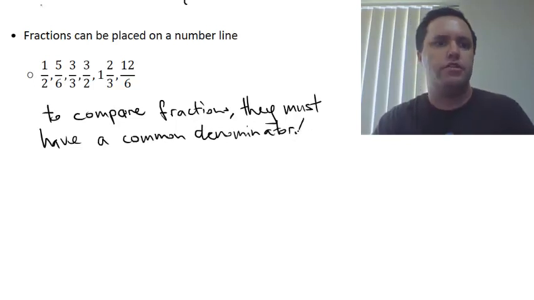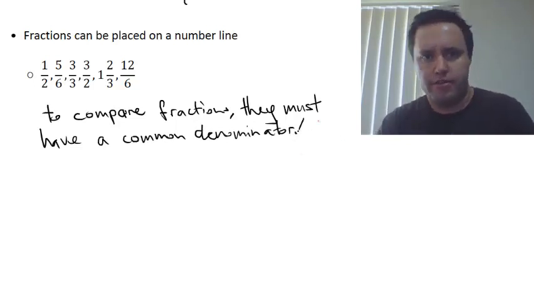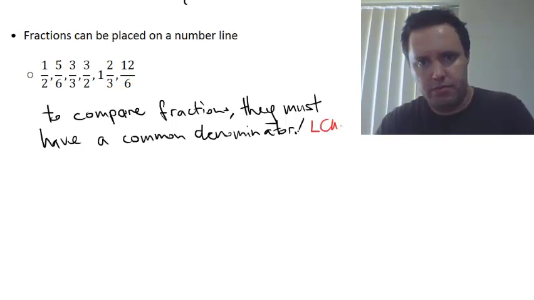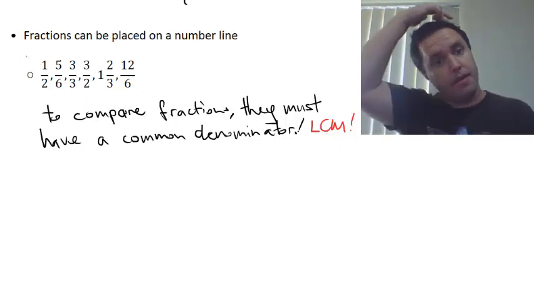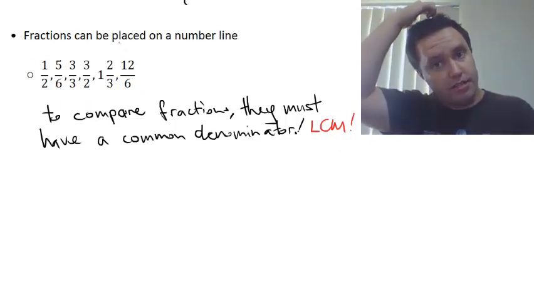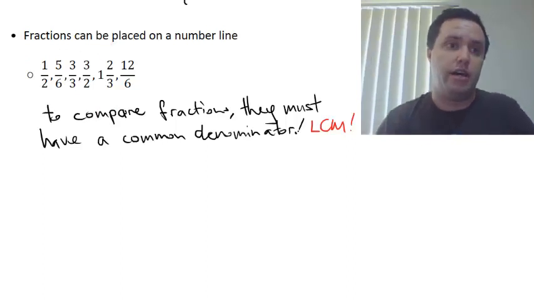In this case it's going to be the lowest common multiple. Now the lowest common multiple of 2, 6 and 3 is 6. So that means all of these would need to be changed into a fraction with a denominator of 6.